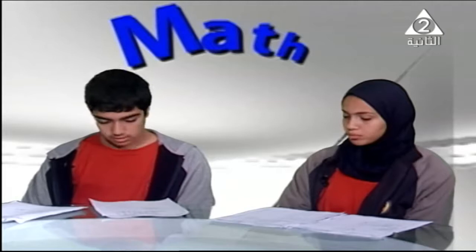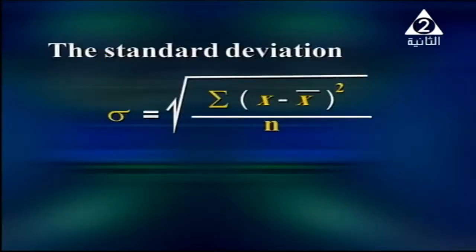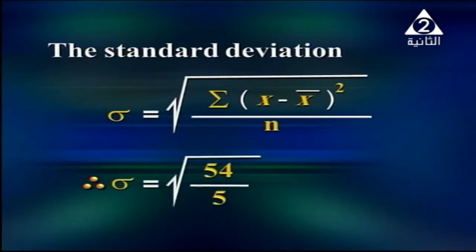The result of sigma is approximately 3.286. I always take the approximate value. Let's see the answer together: the standard deviation sigma equals the square root of the sum of (x minus x bar) to the power 2 over n, which equals the square root of 54 over 5, approximately 3.286. Now we reach the last session for today.